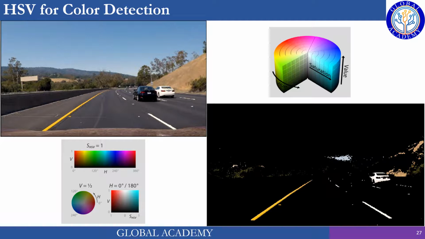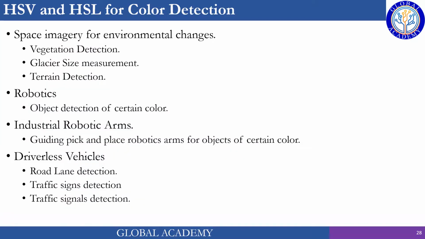We can even mask this image, like we can select this portion of the image just to do lane detection. So HSV perfectly works for color detection and can be used in a variety of computer vision applications.